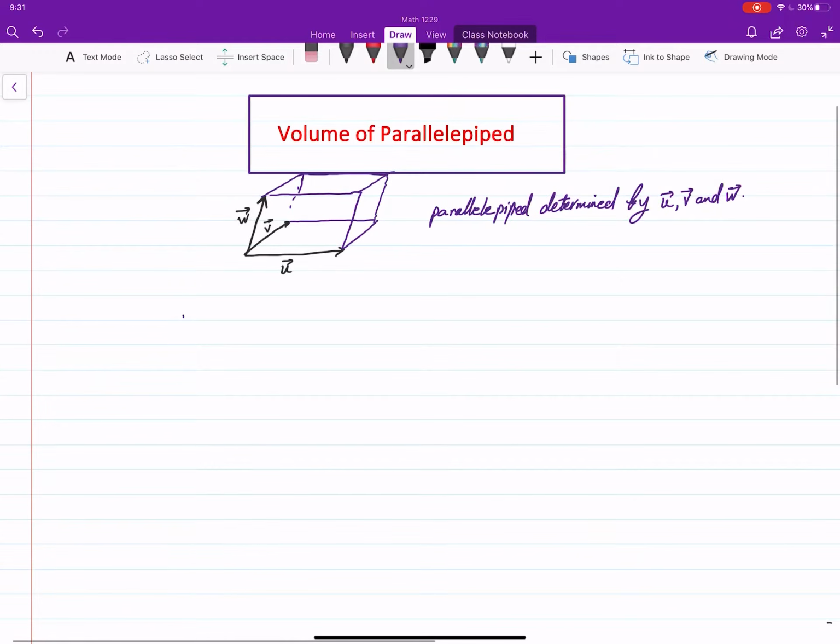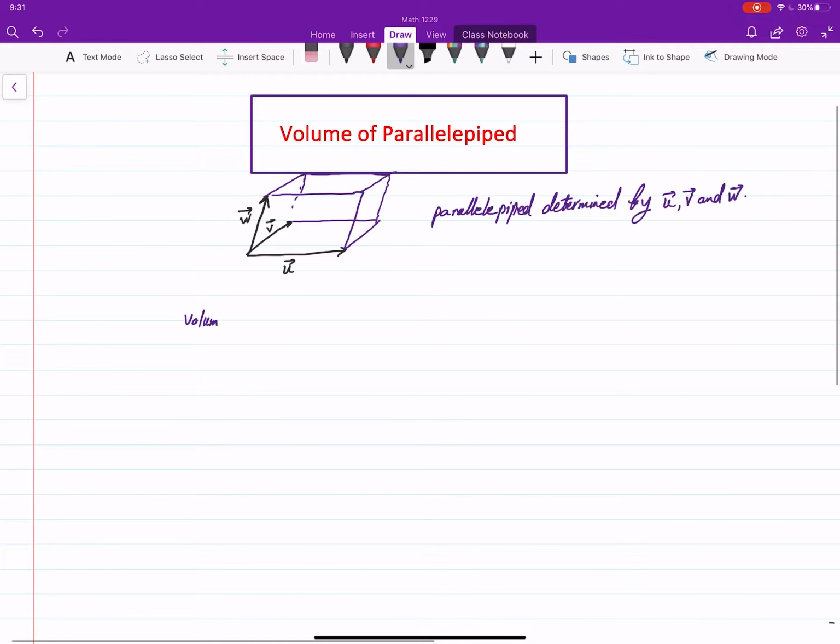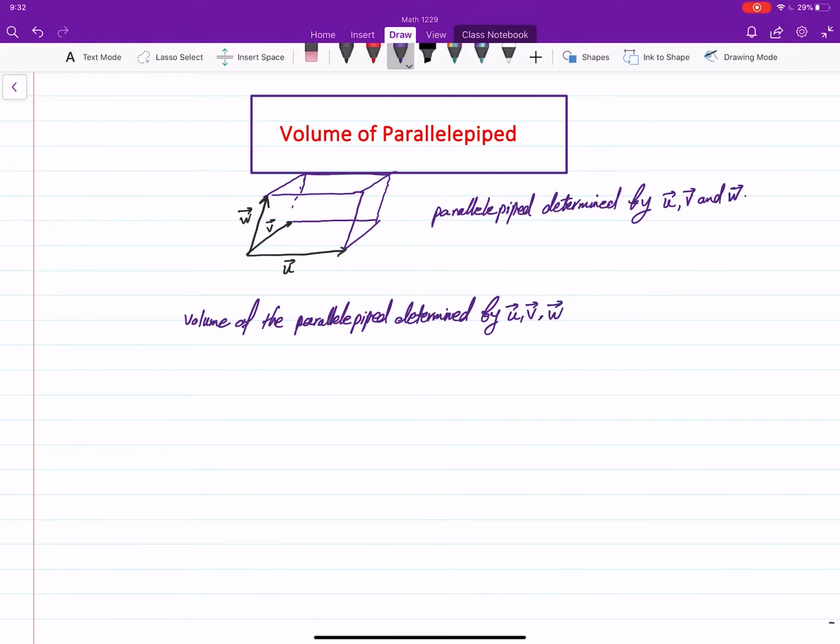So the volume of the parallelepiped determined by u, v, and w is, this is a formula, you have to use it very carefully.